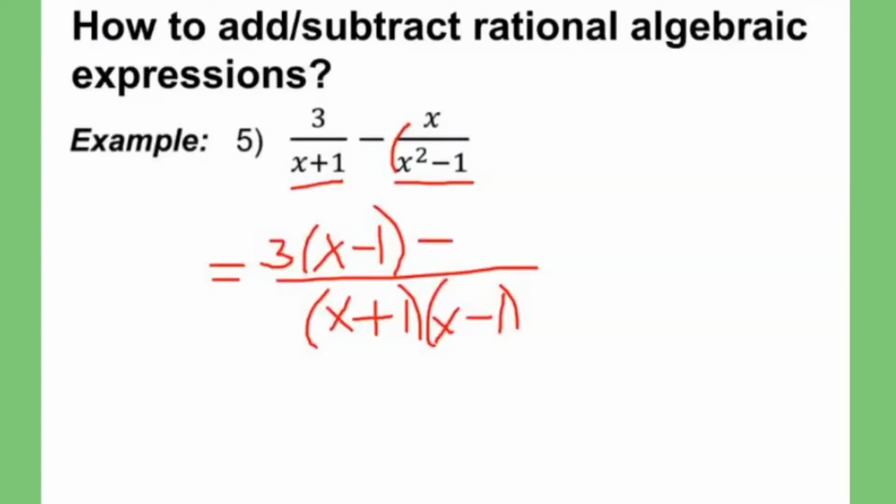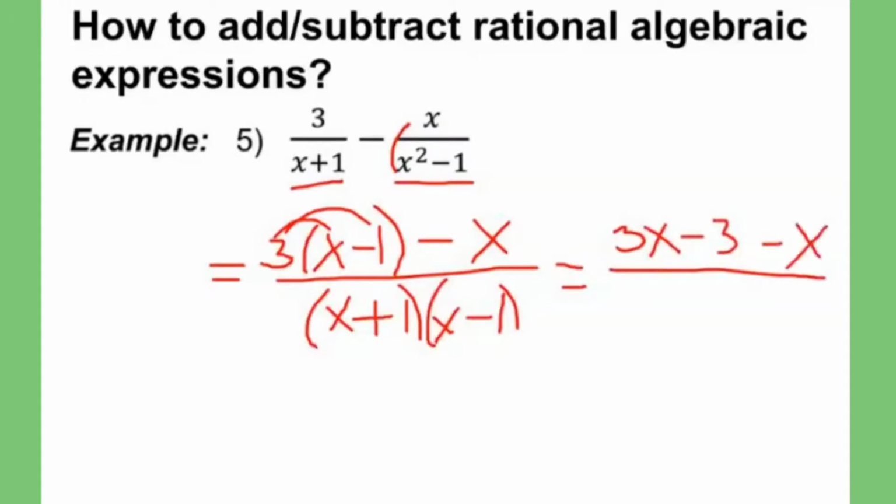We just copy minus, then x. We now start simplifying our numerator. We apply distributive property. 3 times x, that is equal to 3x. 3 times negative 1, that is equal to negative 3. And we just copy negative x.